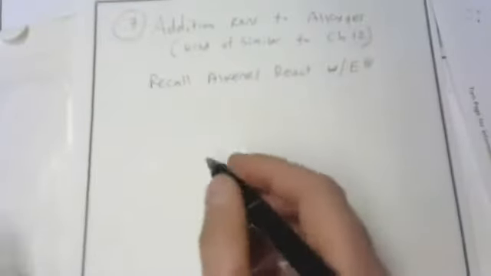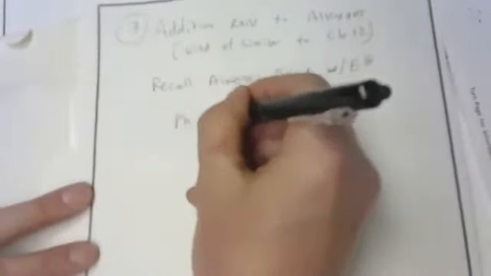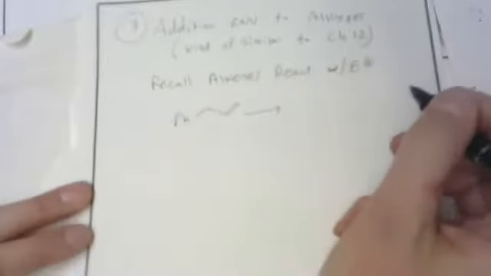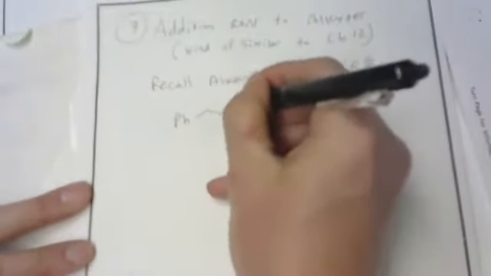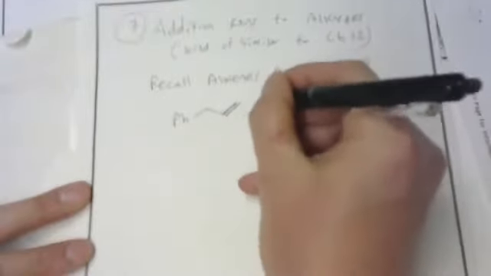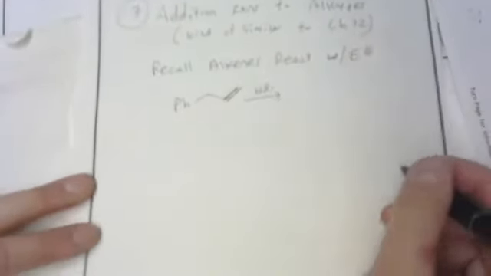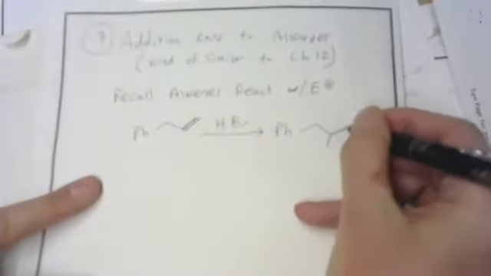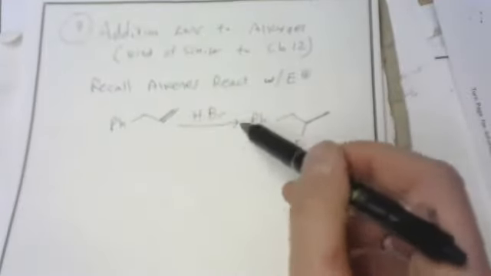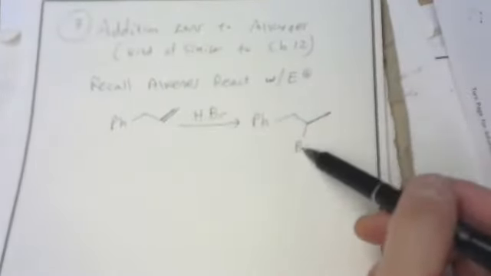So a couple of the examples are, like if I had an alkene and I reacted with HBr, this was the easiest reaction from chapter 12. Your product was that.